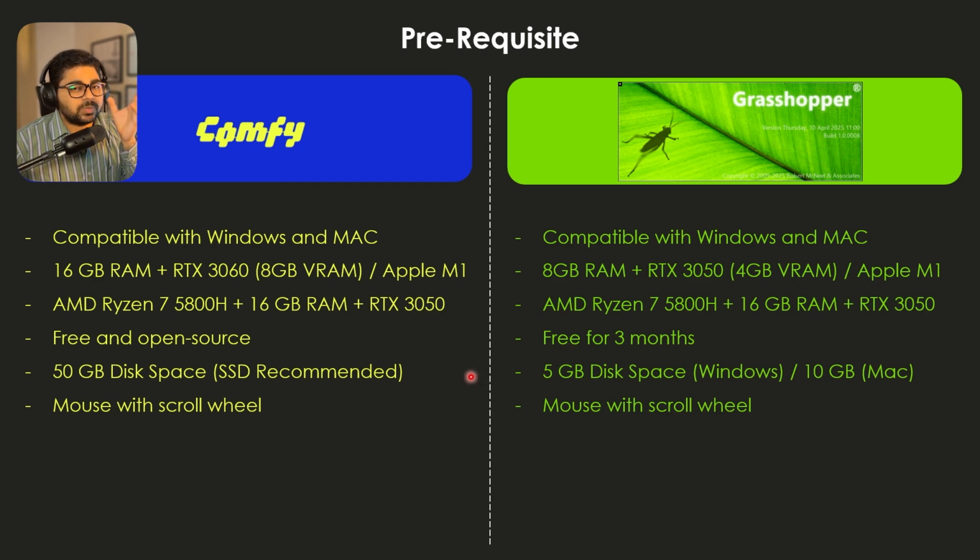Now, what is the disk space that you will need? For Grasshopper, 5 GB to 10 GB is more than enough. With ComfyUI, even 50 GB is not really enough, but I would recommend at least having 50 GB in your solid state drive. In my computer, I have around 300 GB of ComfyUI data. And you're wondering why 300 GB? Each model is around 6 to 7 GB.